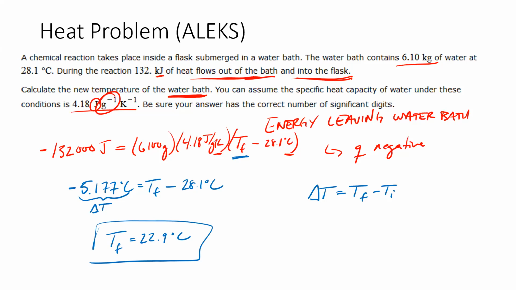It tells us that the energy left the bath, flows out of the bath into the flask. And since we're talking about the temperature of the bath and the energy of the bath, if energy leaves the bath, then the temperature of that water should go down. Right? And it did. It went down by 5.2 degrees. So that's the same equation, solving for a different variable. Any questions there?